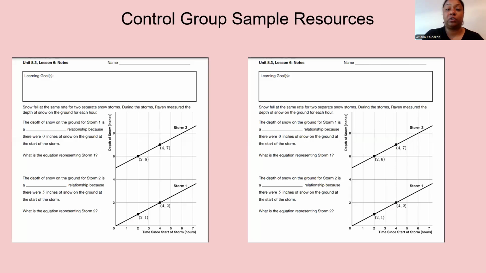Some of the control group sample resources came straight from the Desmos website. We have 8.3 lesson 6. For the Desmos curriculum, this was unit 3, lessons 6, 7, and 8, and that all dealt with slope intercept form, point slope, and standard form.